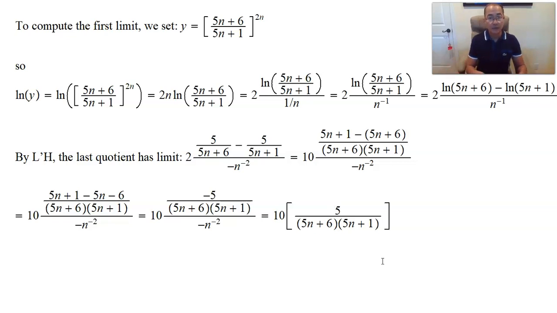And we have n squared in the numerator, because 1 over n to the minus 2 is the same as n to the positive 2. All right, so now what do we get? N squared here, 25n squared there.